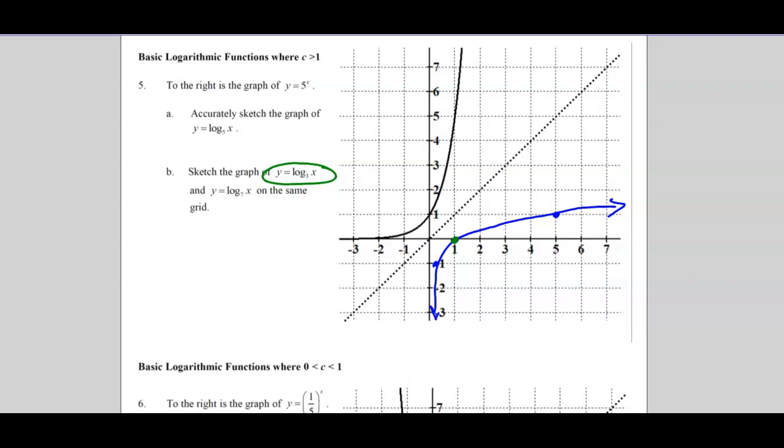3. Okay? When the base and the argument are the same, the argument being the x value there, your y value is 1. What would x have to be to give me a y value of -1?